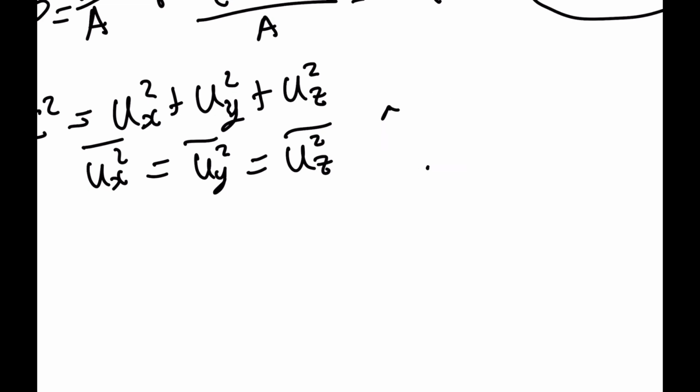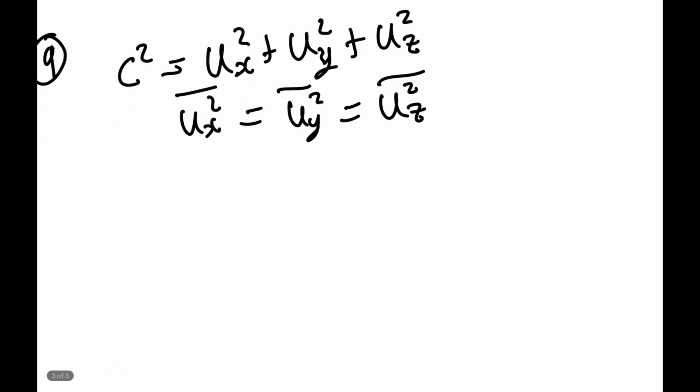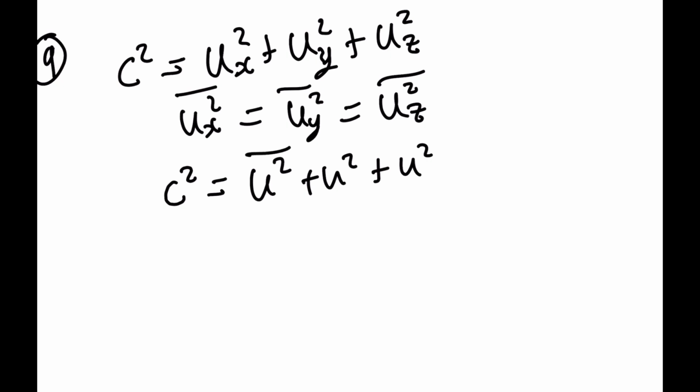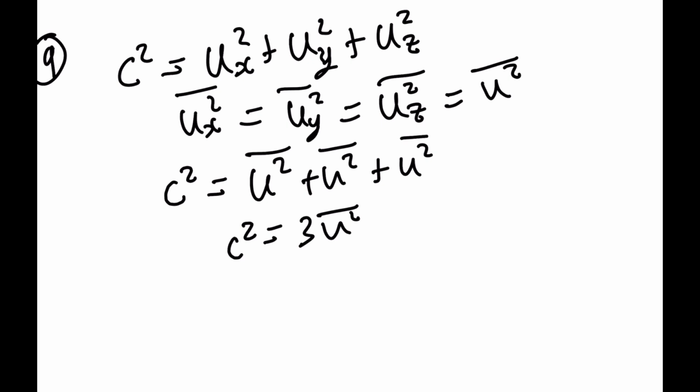So we can say c squared is equal to u squared bar plus u squared bar plus u squared bar, because for any direction this is u squared bar, which is equal to 3 u squared bar.